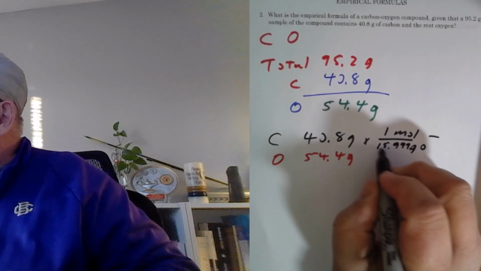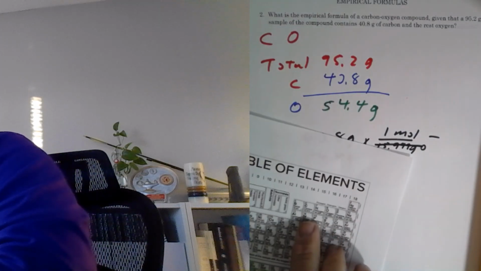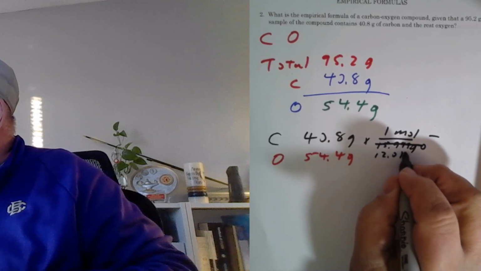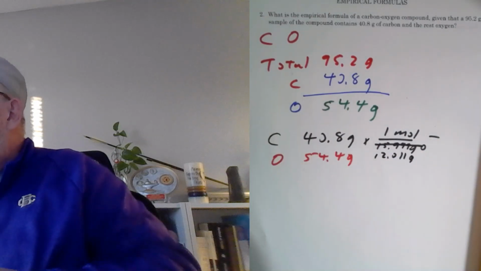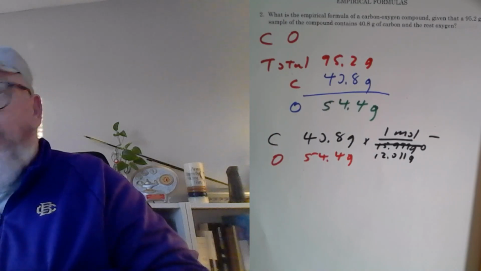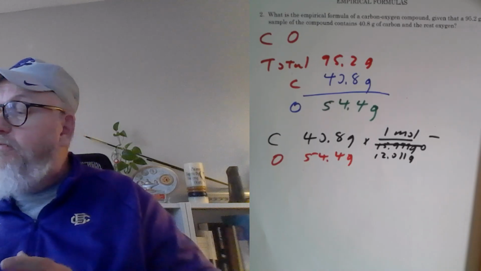Oh, I messed up. I'm looking at carbon because it's black: 12.011 grams. So for every 1 mole of carbon, I've got 12.011 grams of carbon.